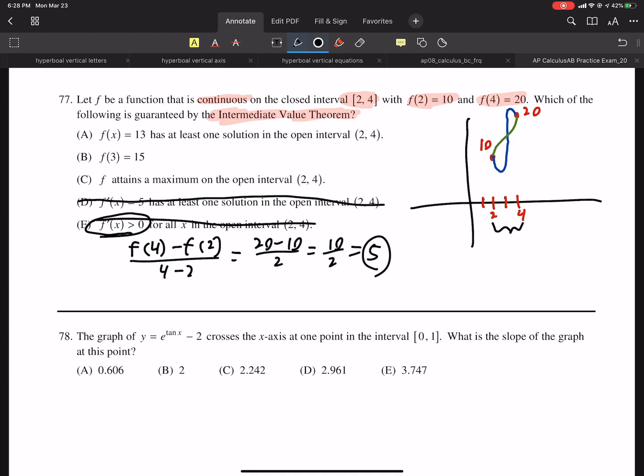C, f attains a maximum value on an open interval. You're not guaranteed a maximum on an open interval. Let me just show you real quickly. Say that's 3. That function does not have a maximum because there's an open circle at the y value of 3.